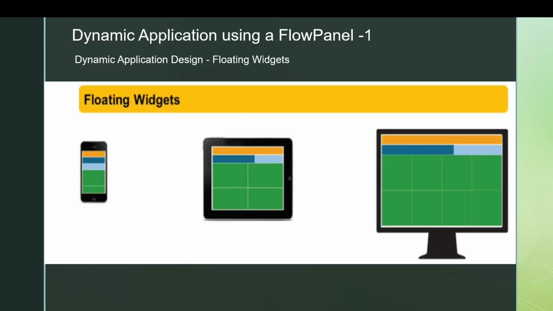But if we are using the tablet, the four widgets are shown in two columns, whereas the other widgets will show beneath them.